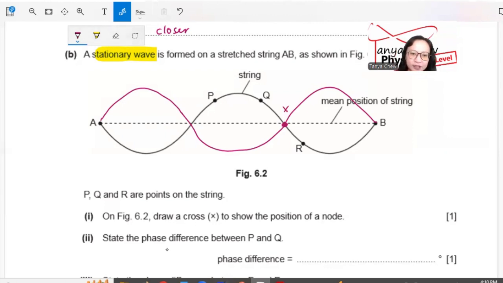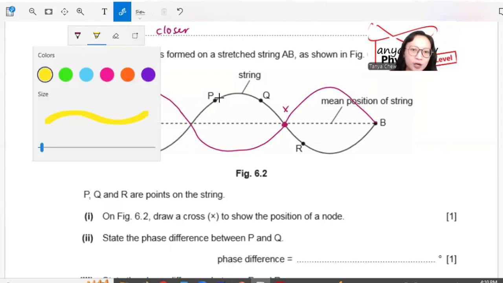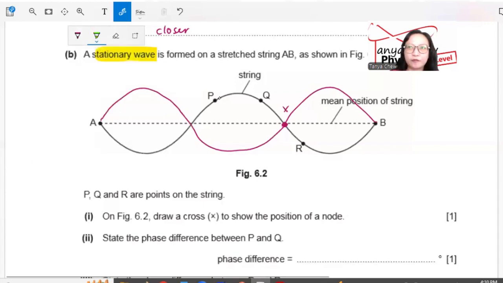The second part: state the phase difference between P and Q. Now, when you talk about P and Q, right? So you know that stationary wave is being formed by two different waves that superimpose each other in the opposite direction, right? Or incident wave superimposed with the reflected wave to give you stationary wave. So if you like the wave that they drew, ignore my wave.